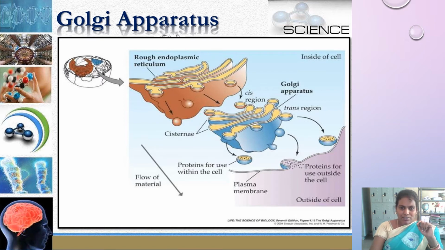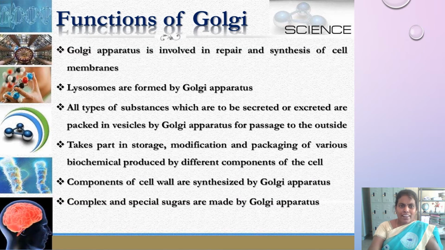And next, let us see the functions of the Golgi complex. The Golgi complex is involved in the repair and synthesis of cell membranes. In the endoplasmic reticulum, we learned that the proteins and lipids produced by it are involved in membrane biogenesis.